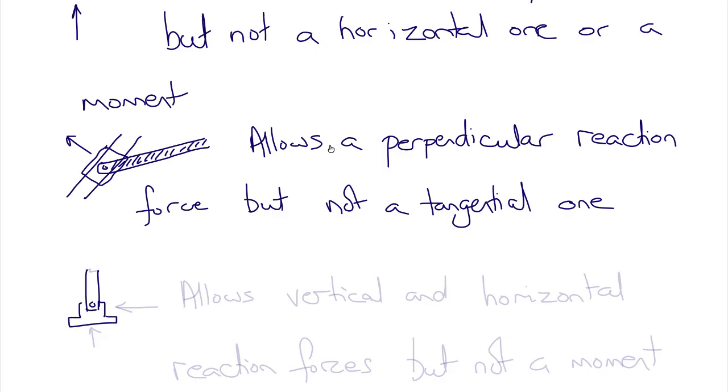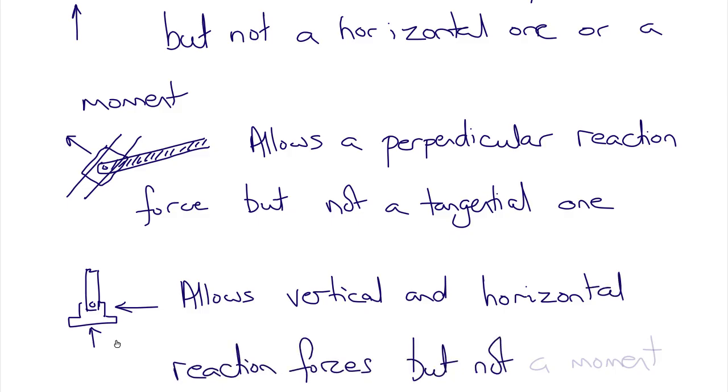If the bar is pinned to a fixed support, then in 2 dimensions there will be a vertical reaction force and a horizontal reaction force, but no moment reaction will be possible because the bar can rotate about the pin.